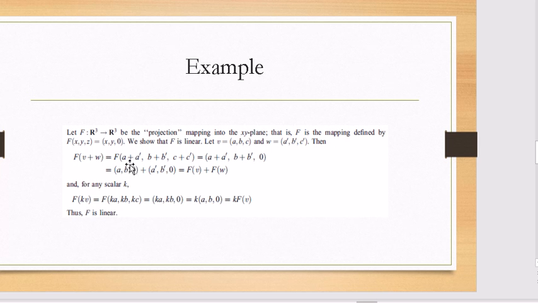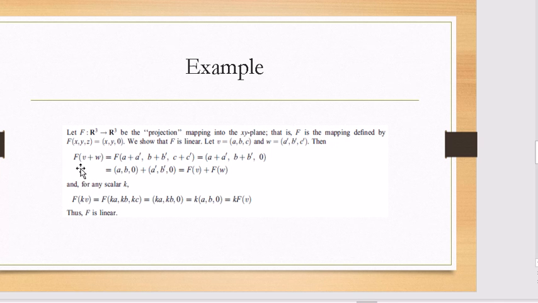By adding v and w we get this triplet, this vector. So applying f according to the given definition we get this. This can be written as the sum of these two vectors. And this is equal to, we know that this is f of v and this is f of w.